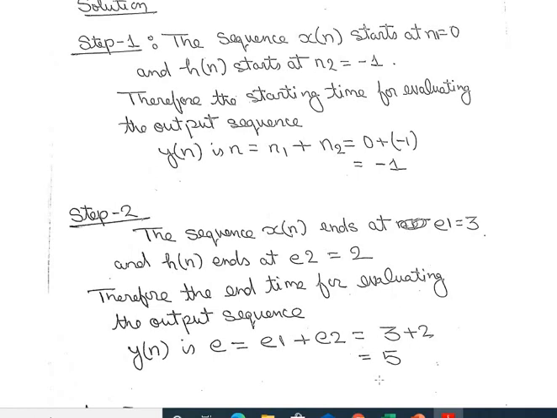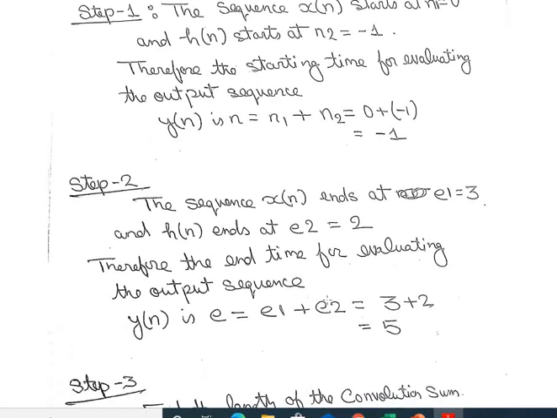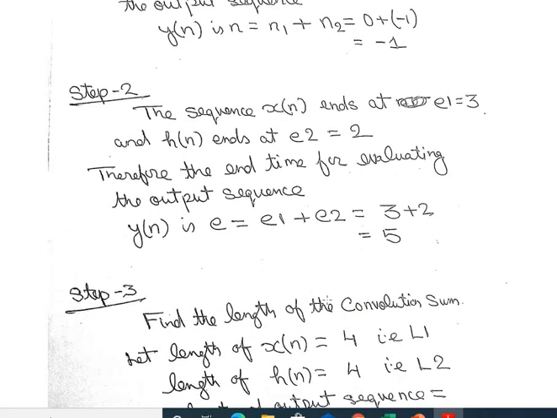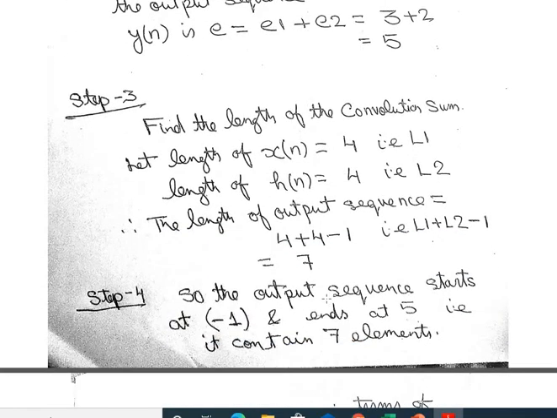So that is the value of the end time for our output sequence. So we have calculated the starting position and the end position of our output sequence. Next, in step 3 we have to find the length of the convolution.